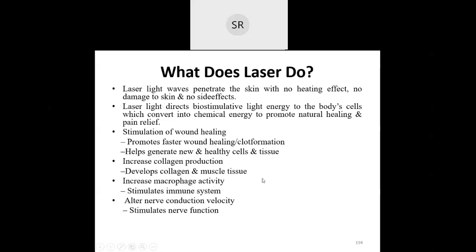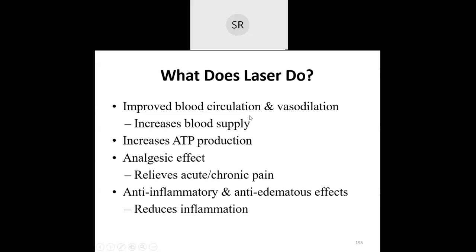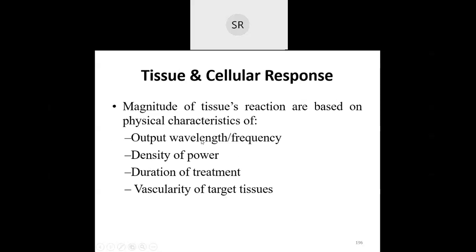These are the uses of this particular laser diode. It improves blood circulation and vasodilation, meaning it increases the blood supply and increases ATP production. It relieves acute and chronic pain and reduces inflammation in the tissues.